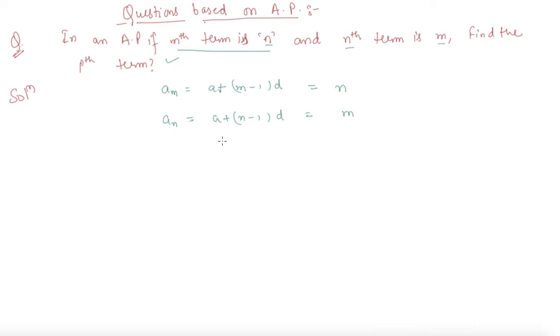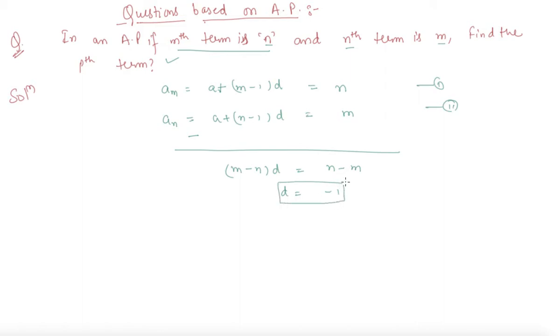So we need to first find the value of a and d. This is equation 1, this is equation 2, and we subtract both these equations. What we are left with is m minus n times d equals n minus m. So here we get d equal to minus 1.